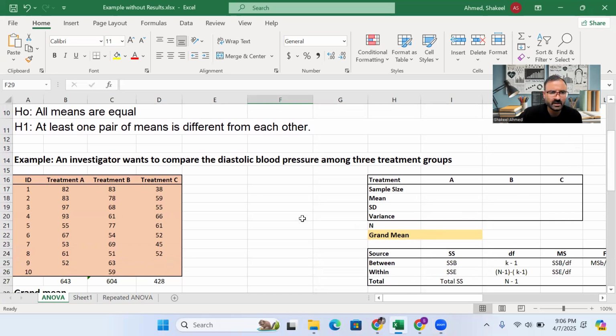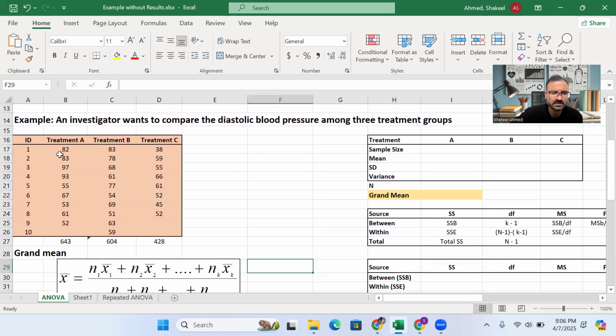So an investigator wants to compare the diastolic blood pressure among three treatment groups. We have diastolic blood pressure for patients in three treatment groups: Group A, Group B having 10 individuals, and Group C having 8 individuals.